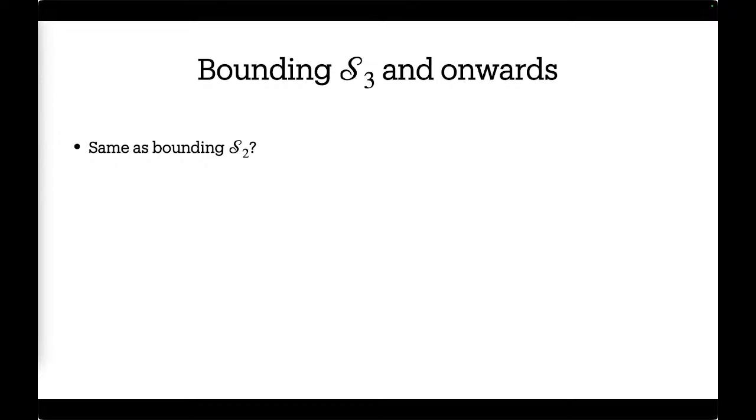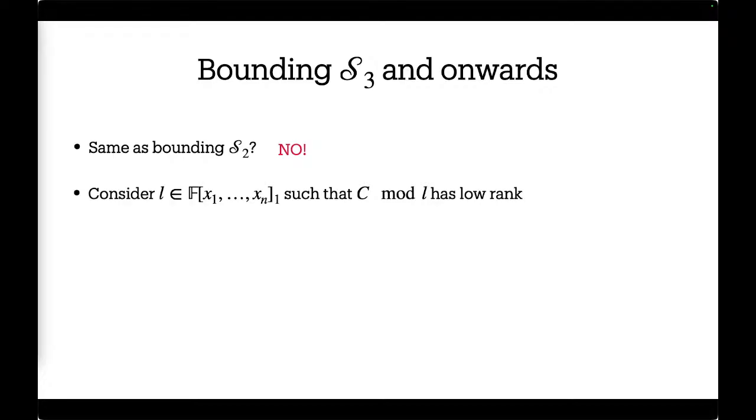Does the same thing work when we try to work with S3 and higher spaces? And it almost does, right? But it doesn't. Why? Well, it can have these kinds of spaces which will have this structure. They have one linear form.